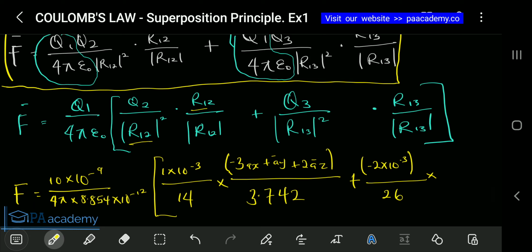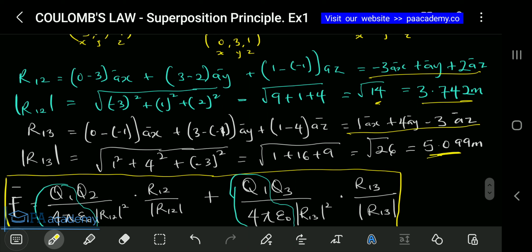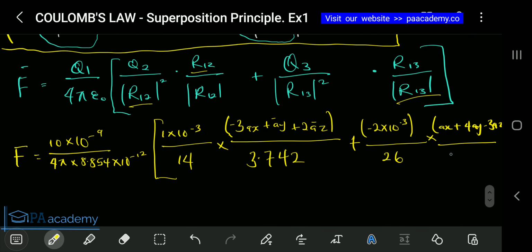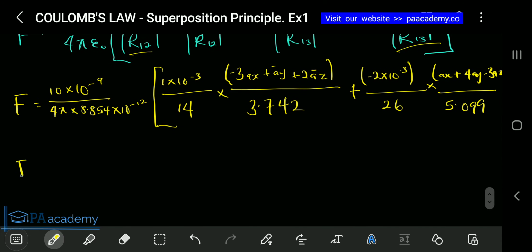So let me put this in brackets: ax plus 4ay minus 3az, then over the magnitude of r13, which is 5.099. All right, now let's use our calculator to find the value of what we are having here.